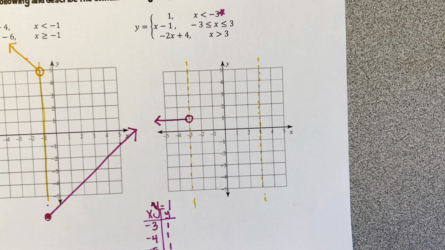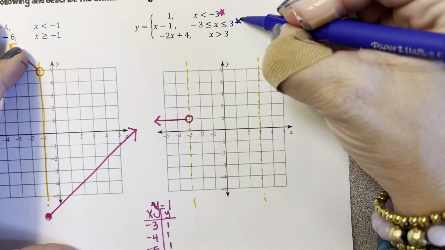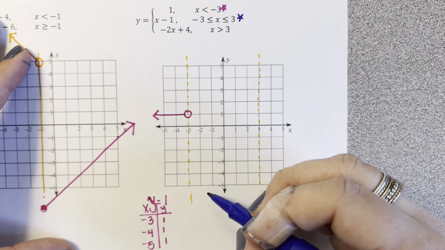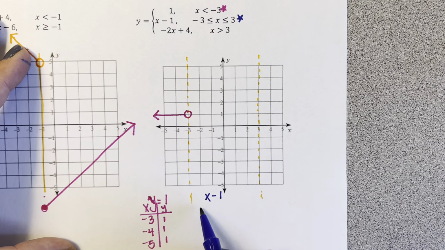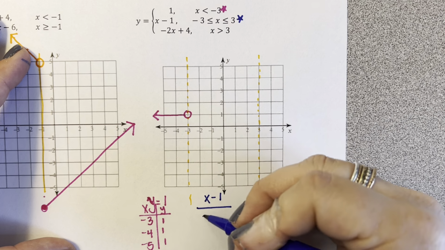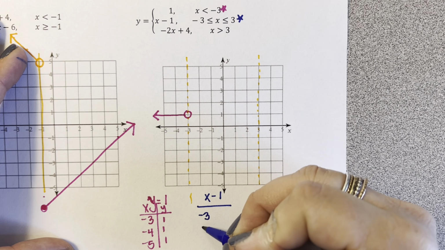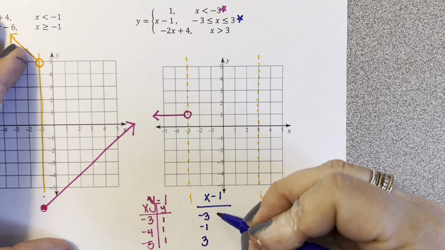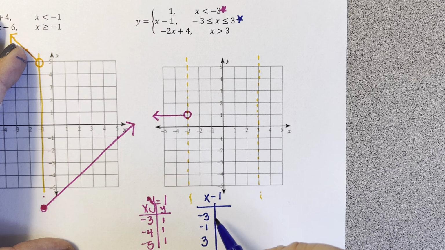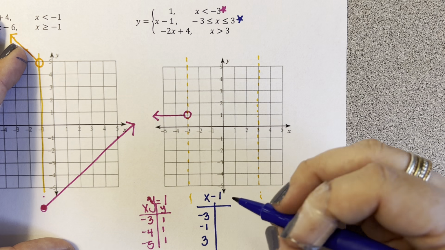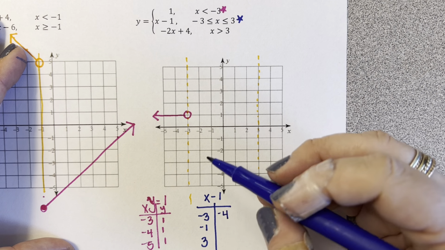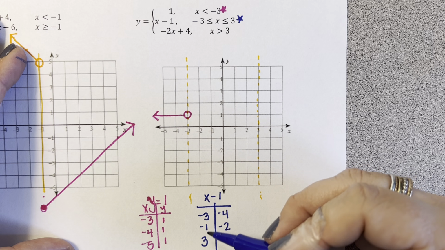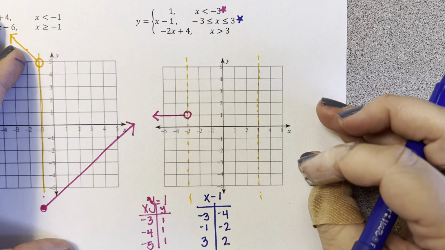Then it says, if you have numbers in between -3 and +3, we're going to use the function x minus 1. Numbers in between -3 and +3 would be -3, -1. I'm running out of space, so I'm just going to go up to 3. My y values: -3 minus 1 is -4, -1 minus 1 is -2, and 3 minus 1 is +2.